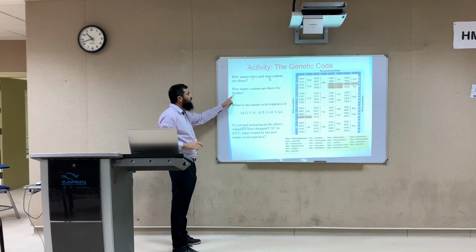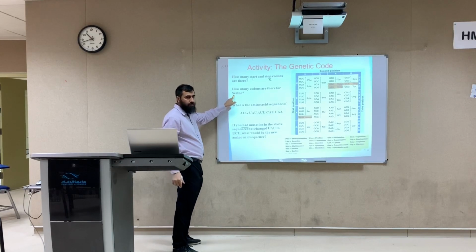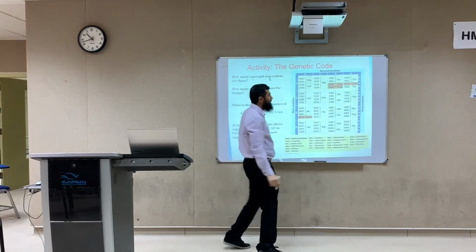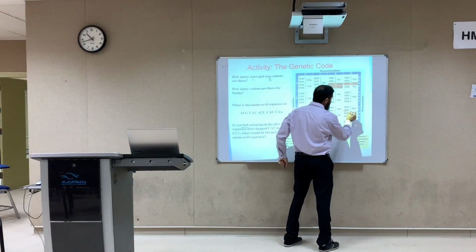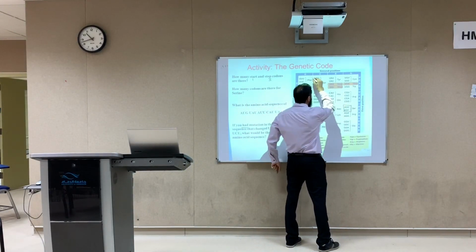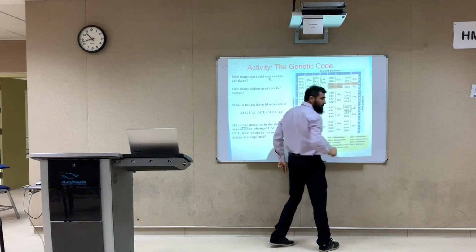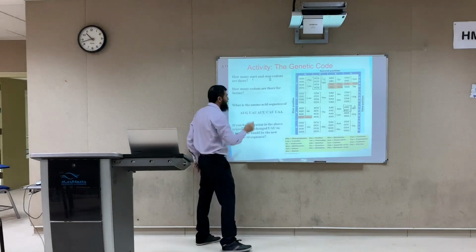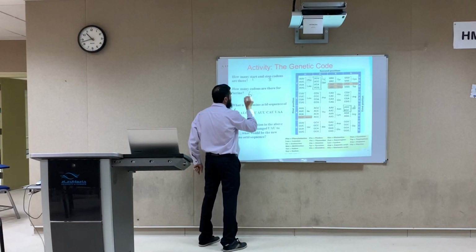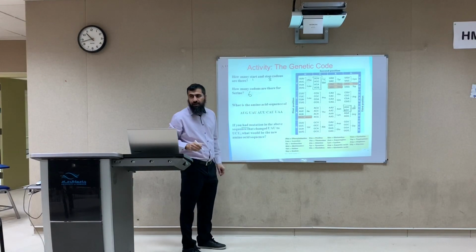How many codons are there for serine? 4? Who thinks there's 4? 6? Yeah, there's 6, okay? Because we find here there are 2 more. So 4 plus 2, 6.